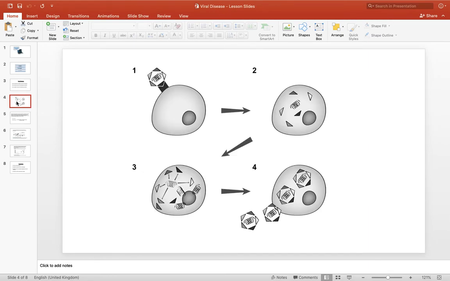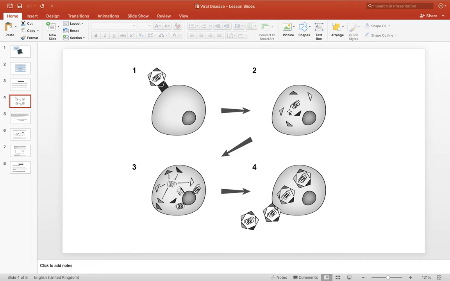Now, if you have a look on the PowerPoint that I've attached, there is a slide that looks like this. What I would like you to do is pause the video and print this off if you can. If you can't, you'll need to draw each one. And I would like you to say what's happening at each stage. So this is exactly what we've just said. The virus is attaching itself to the host cell. It's inserting its DNA in.